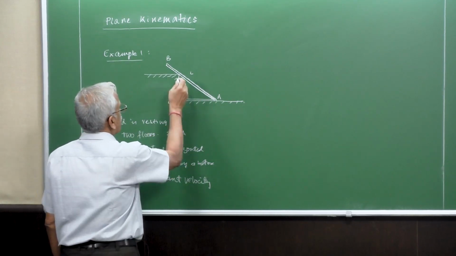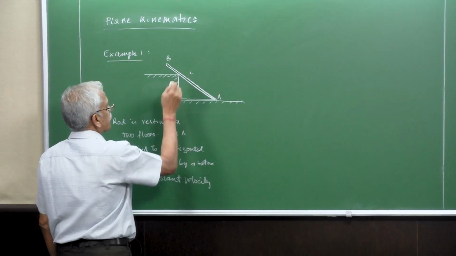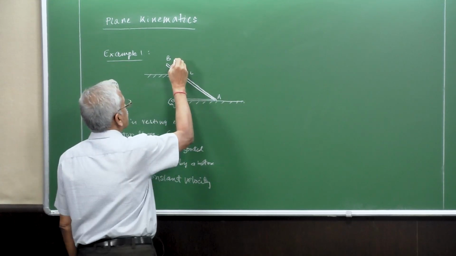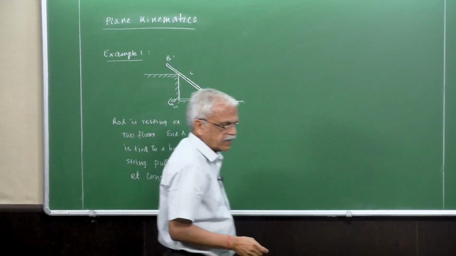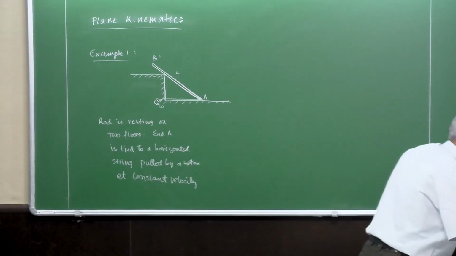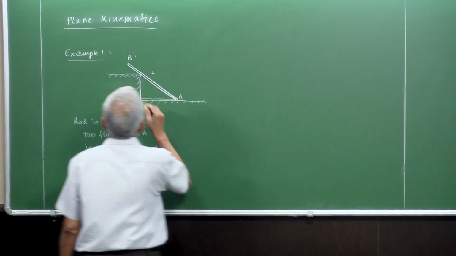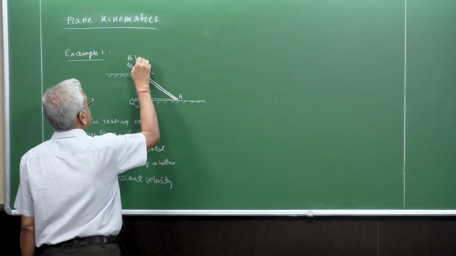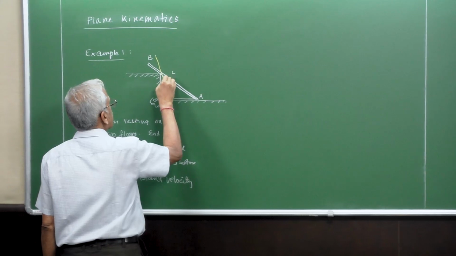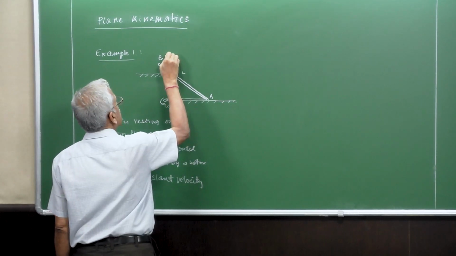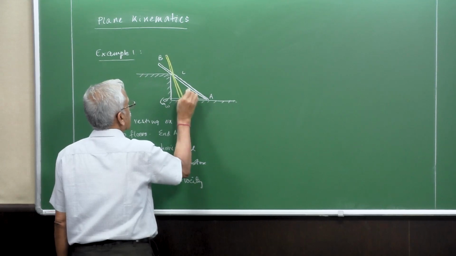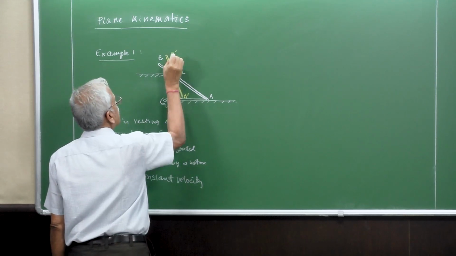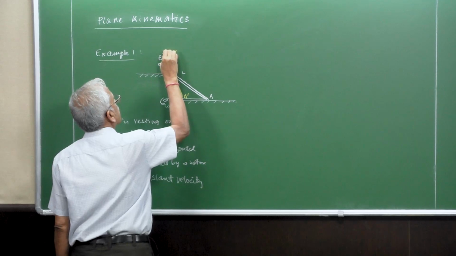If this is being pulled, then this is supported here. As it is being pulled, you can see that it will take some other position after some time. So after some time, maybe you can say that it is at A prime, B prime.